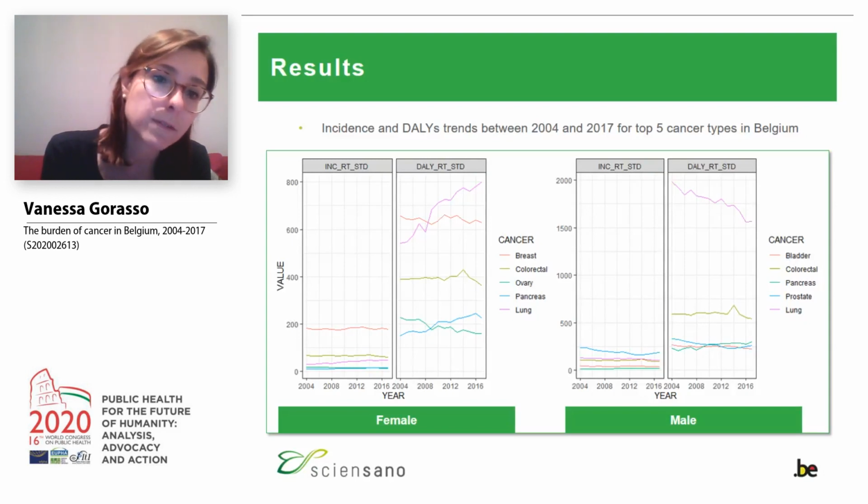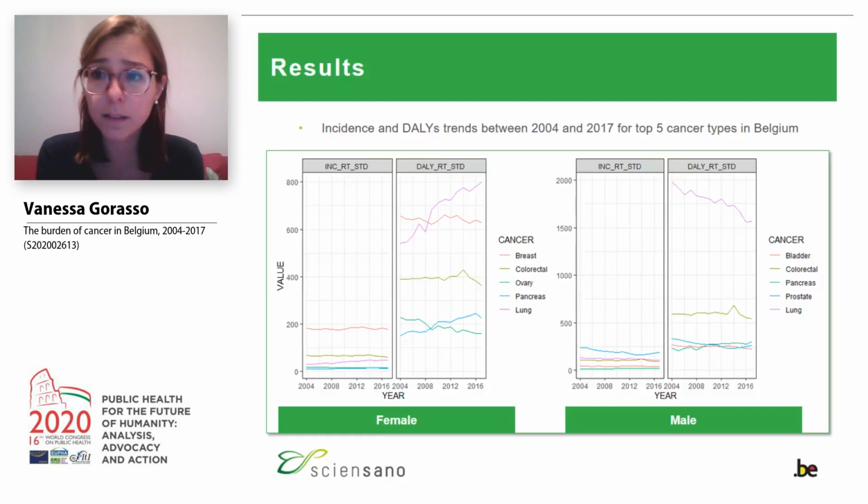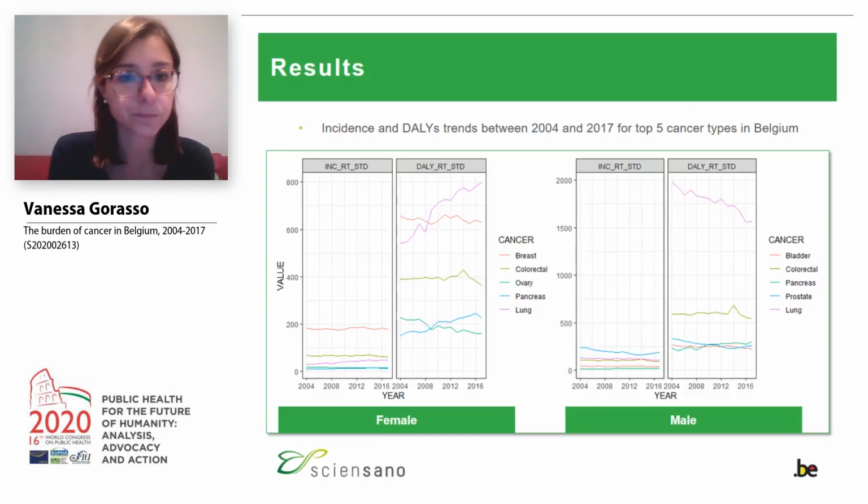For females, this trend was increasing, as we can also observe in the incidence standardized rate, whereas for men, this trend was decreasing from 2004 to 2017.